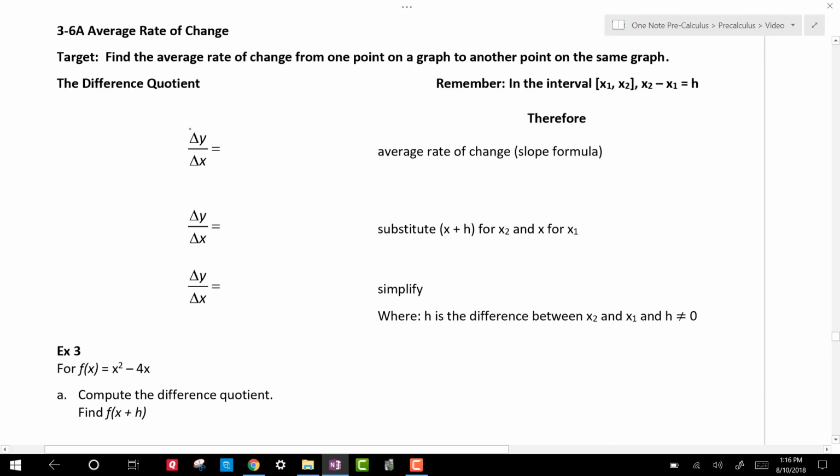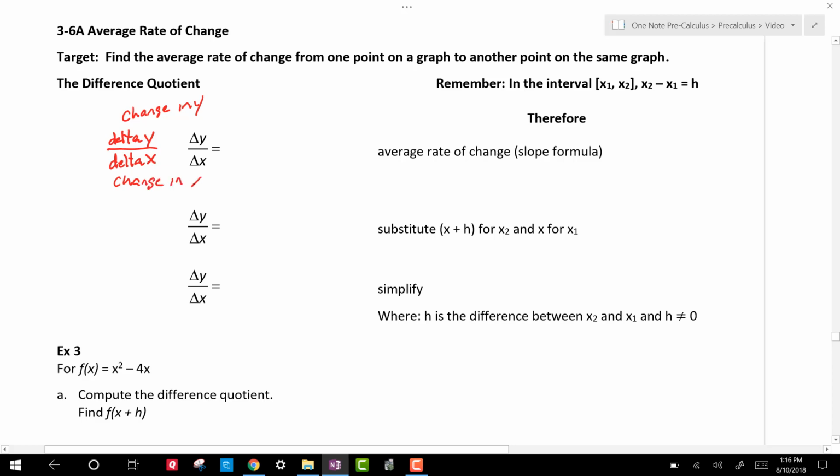It's called delta y over delta x. You're like, big deal, what does that mean? Well, delta y basically means the change in y, and delta x means the change in x.